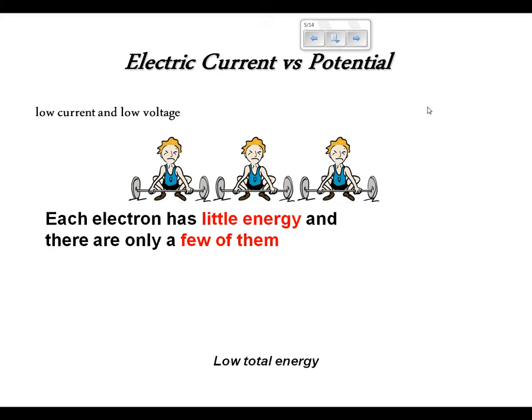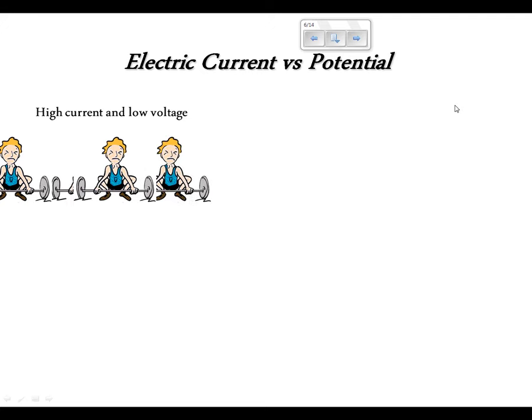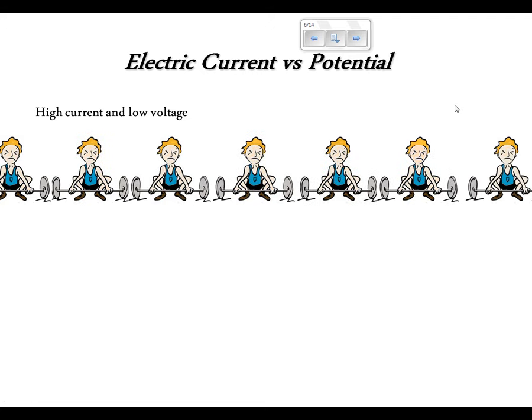Now the next picture shows what? There's a whole lot of them. A whole lot of skinny guys. So what's it going to be? High current, because there's lots of them, but still low voltage. You got a bunch of skinny guys. Have you got more energy than before?